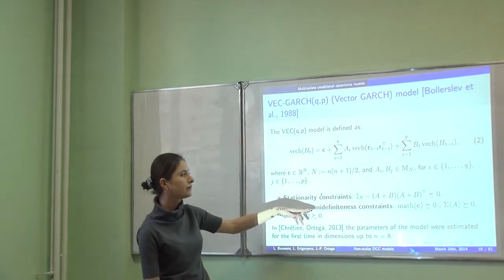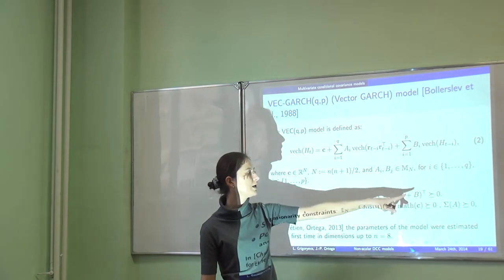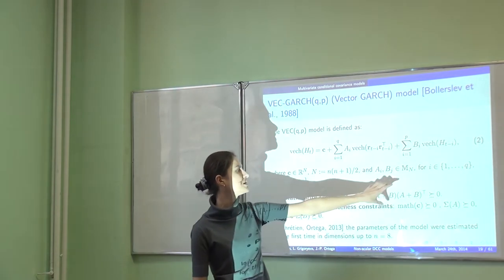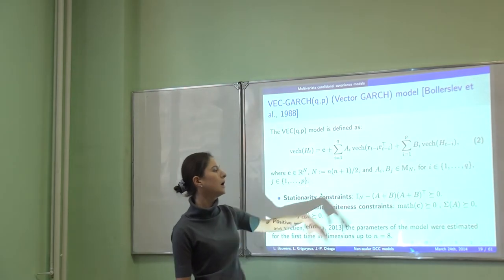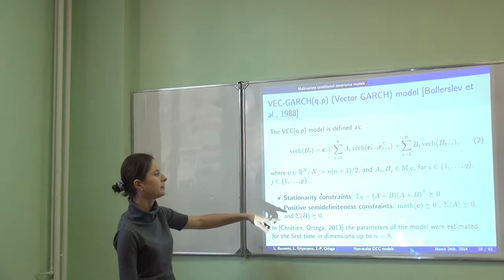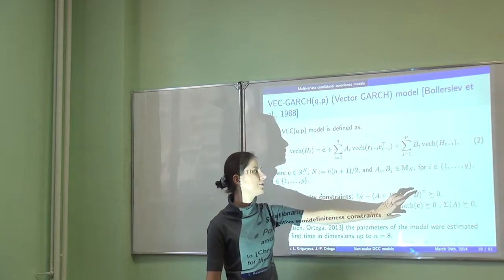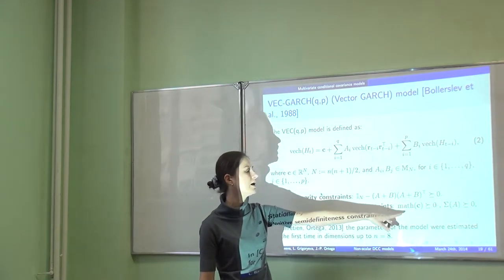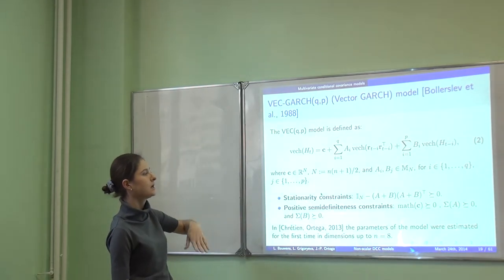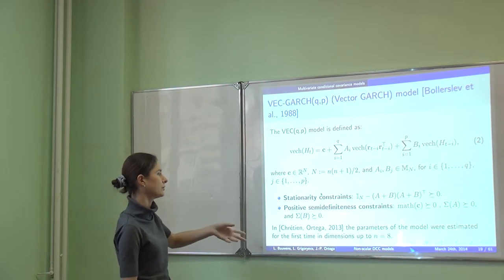So we have the stationary constraints where we demand this relation, the resulting matrix to be positive semi-definite, and also we demand that this MatH operator, as I told you, the inverse of our VecH operator of these parameters, always gives us something positive semi-definite or definite.